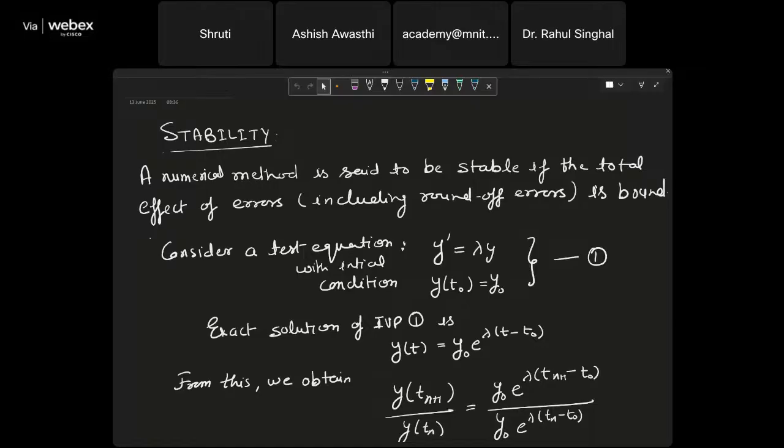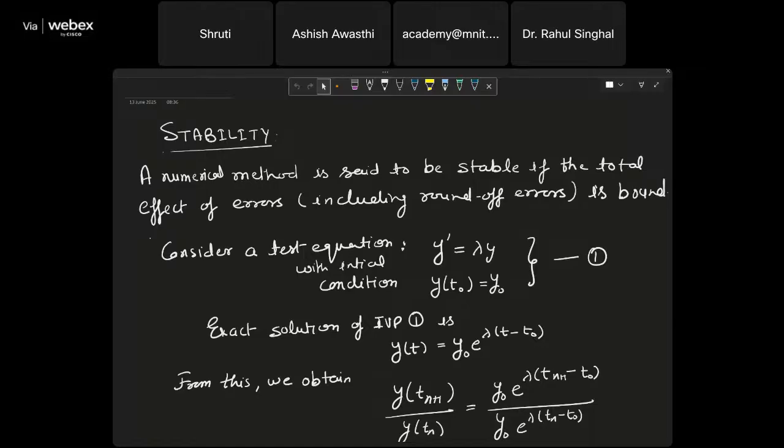It means the total error involved in the computation of the approximate solution using the numerical method, if we calculate it and find that it is bounded, then the numerical method will be stable.